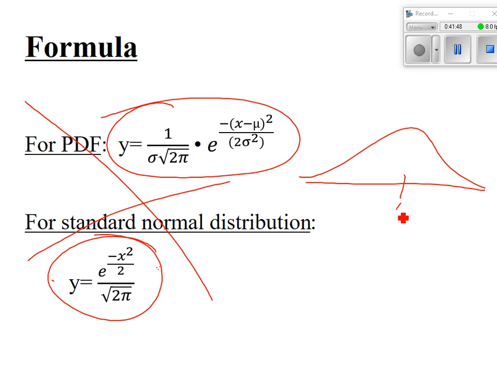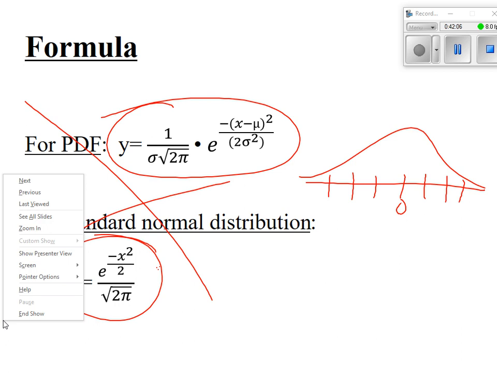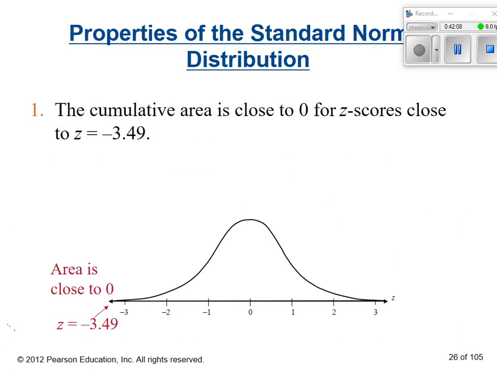And 0 here, 1 there, 2 there, 3 there, -1, -2, -3, and so on. Now we are going to draw a lot of the graphs, but we're just not going to do it longhand and deal with all these formulas. Just some basic ideas about the standard normal curve there.